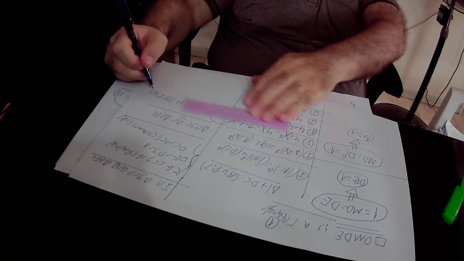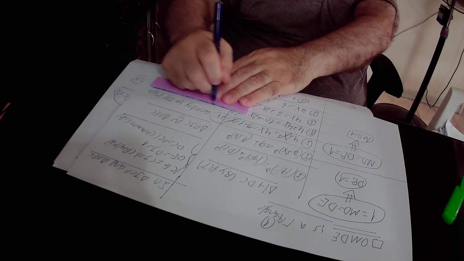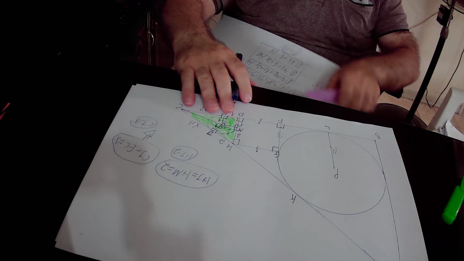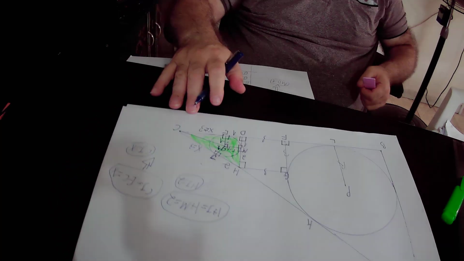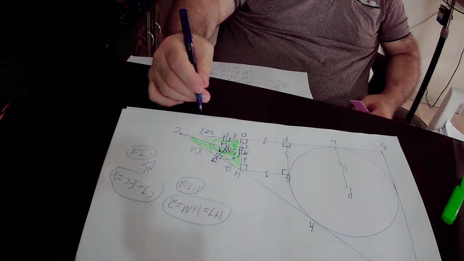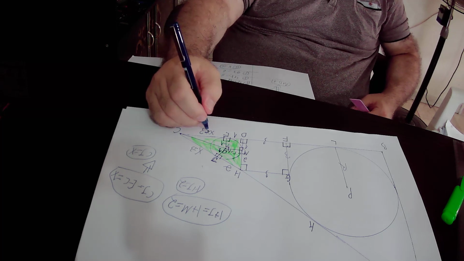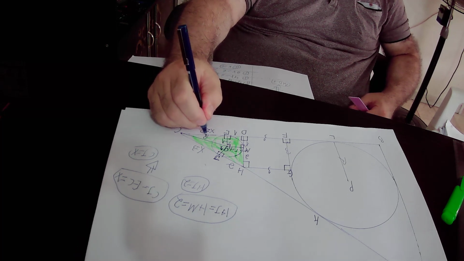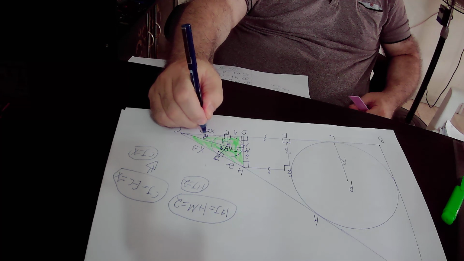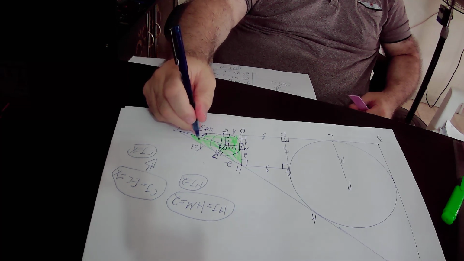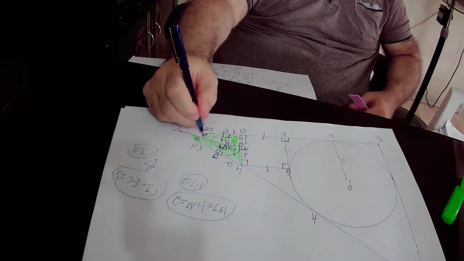Okay. So if we define this angle as theta, then this angle must be also equal to theta because of the fact that they are equal to each other.